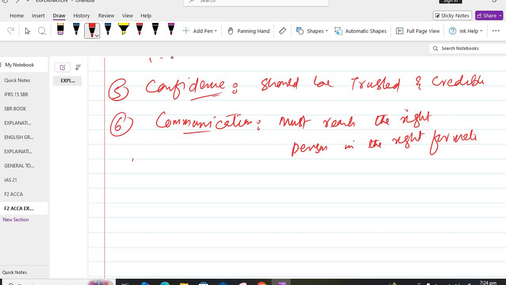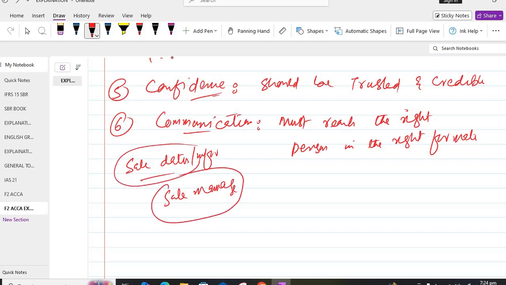Let's say the sale data is required, or the sale information is required for the sale manager, and you are providing this data to the finance manager, let's say.